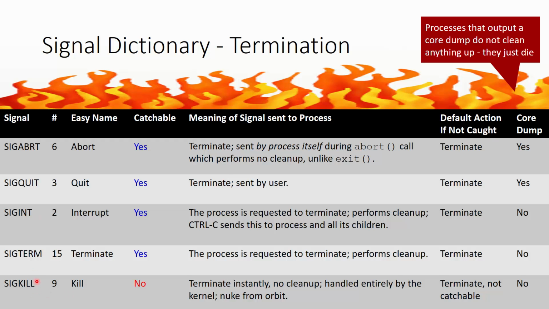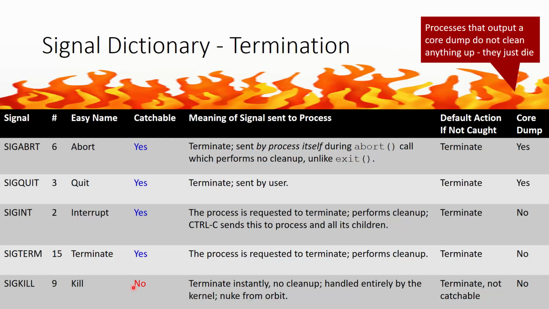And finally, sigkill, at least here on this page, sigkill is the die, no questions asked, this process has to stop now. And it's not catchable. What that means is that your process is never even notified about the signal. I'm going to say that again because it's an important, subtle point. Your process is never notified that it is about to be terminated.